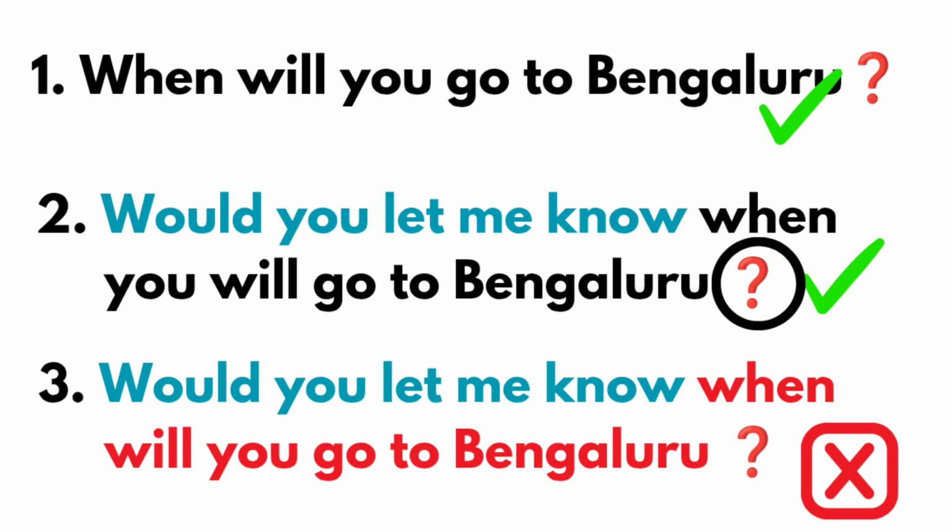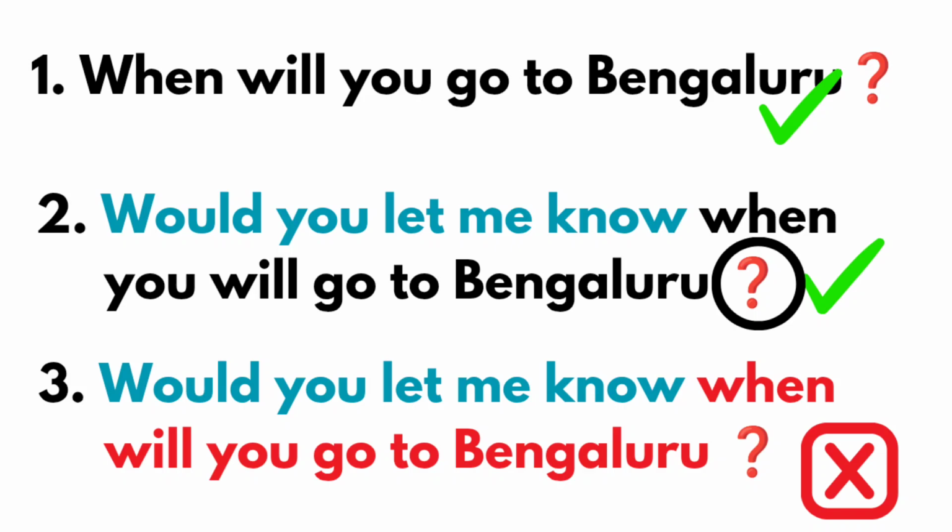If you want to be correct grammatically, then use the structure: would you let me know when you will go to Bangalore? So you cannot say when will you go to Bangalore in that place. It is the wrong usage. You can directly ask when will you go to Bangalore, or if you want to be polite, then ask embedded questions.